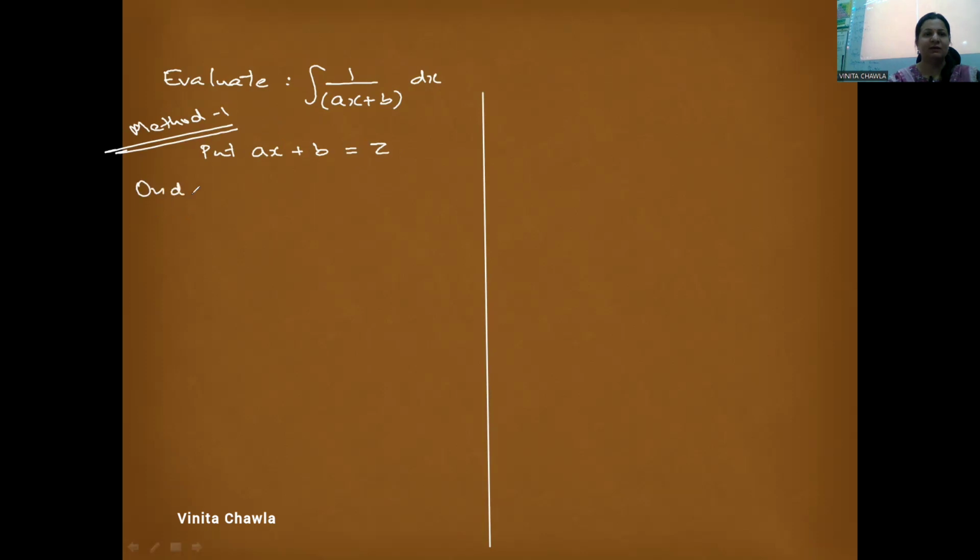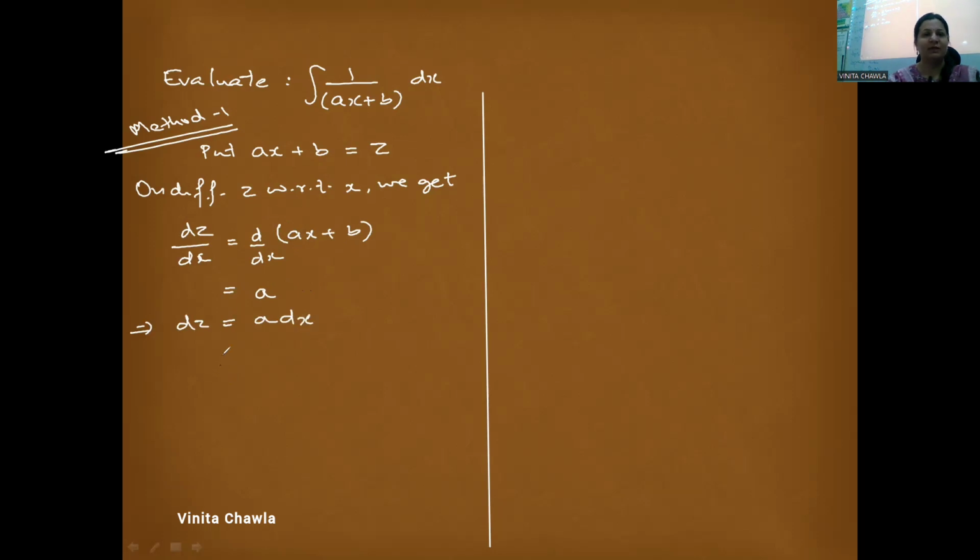On differentiating z with respect to x, we get dz by dx is equal to d by dx of ax plus b. So when you differentiate ax with respect to x, what do we get? a, and on differentiating this b, we'll get 0, nothing. Okay. So this dz is a dx.